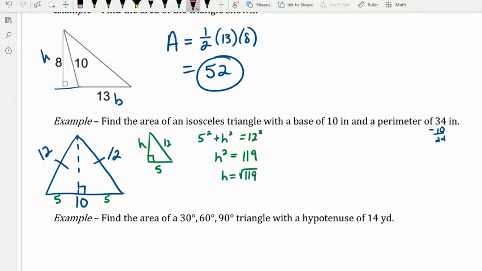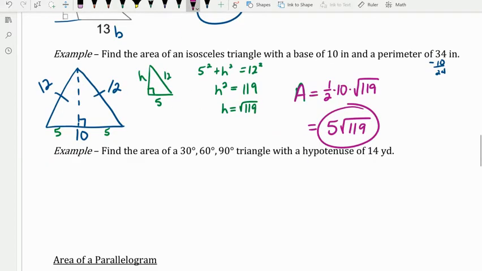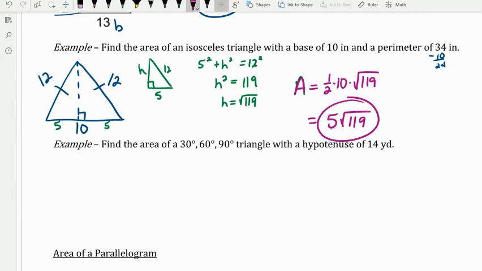Then to find our area, we would do 1/2 times our base of our whole triangle, which is 10, times the height, which we just found to be the square root of 119. So the area of our triangle would be 5 radical 119. Ta-da!